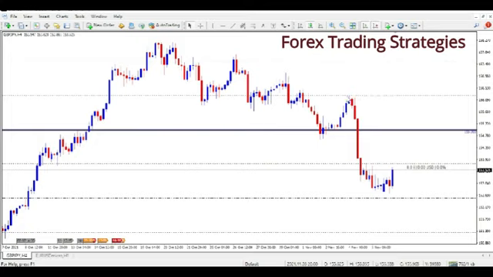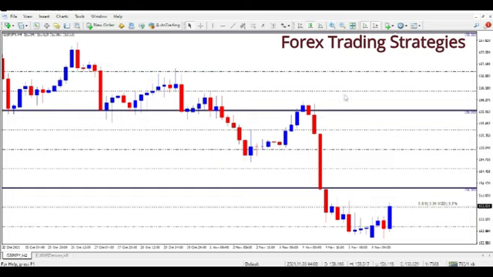Now let's start in this area. What do you see? This is how I am able to make those sniper entries. If you observe here, of course, people will tell you that price reacts off zones.